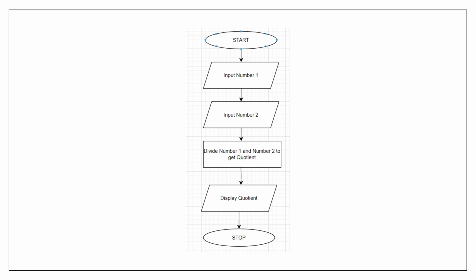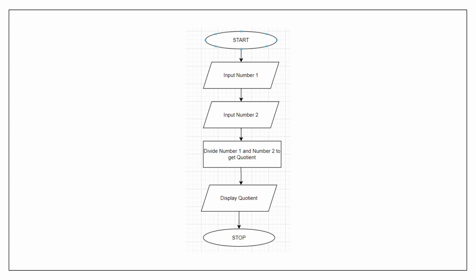Now, do not forget the lecture about variations in algorithms. If you wish to use a single parallelogram, you could just say enter the first and the second number, or you could also say enter the two numbers. Because it's division, it's a process, that indicates that we need to use a rectangle.